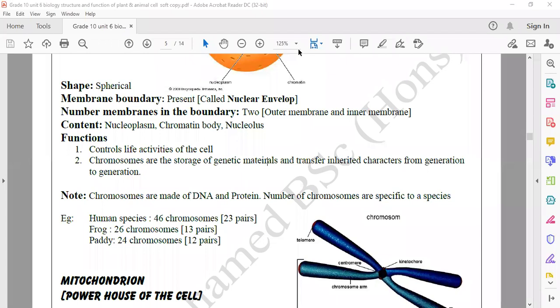That jelly medium is called nucleoplasm. But nucleoplasm is not written in your textbook. If you want, you can just erase it, Tipex it and remove it. Although I have included it, you don't need to know.